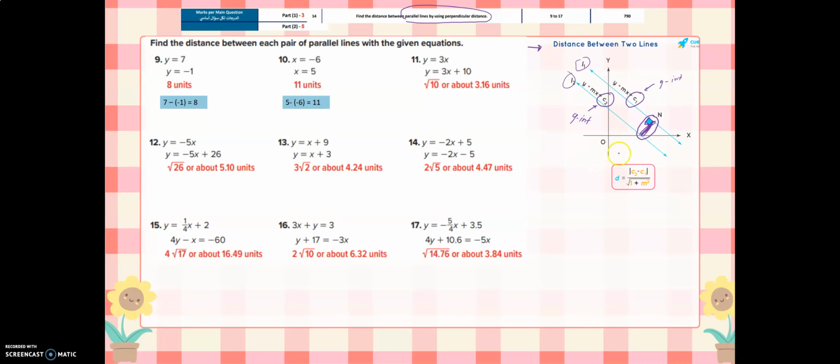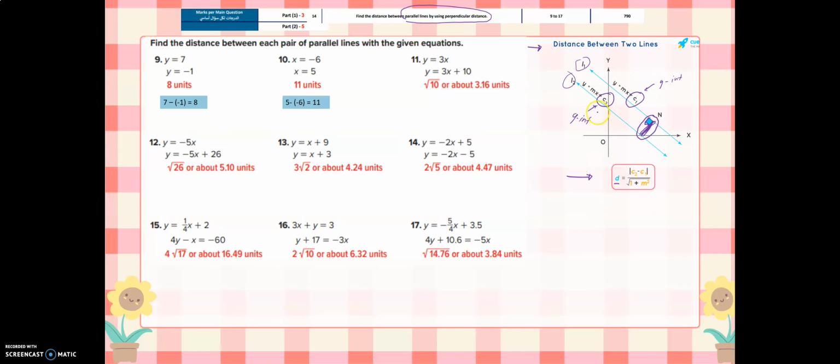Okay, now in our book, we have a given series of steps, but in here, since we are taking the exam, we can use this simplified form of formula. So to find the distance between two parallel lines, we will use D is equal to C2 minus C1.